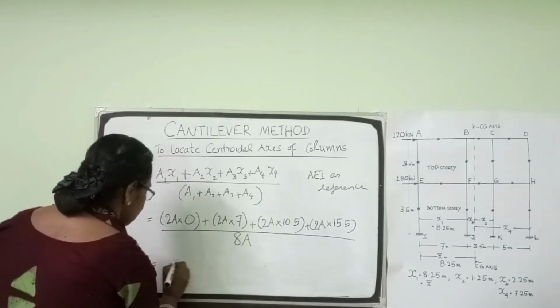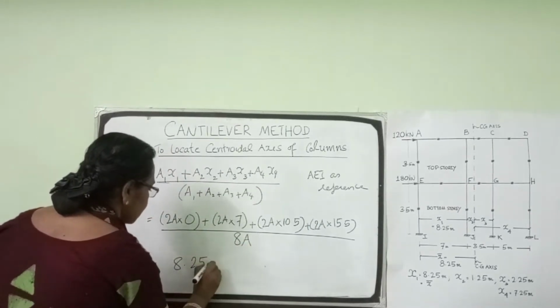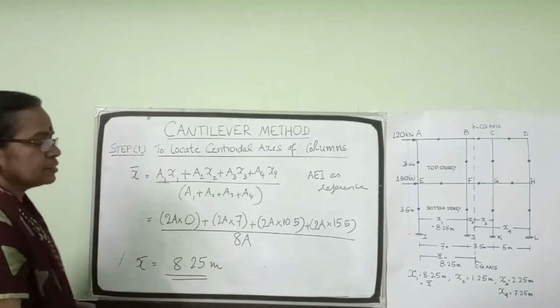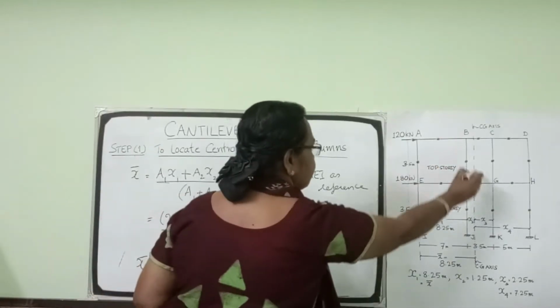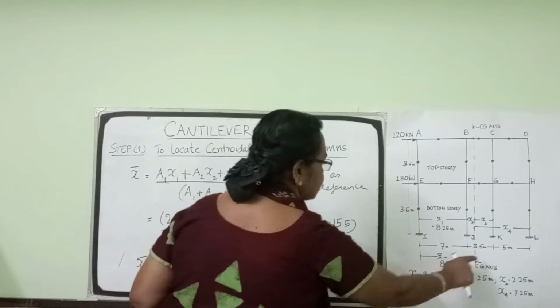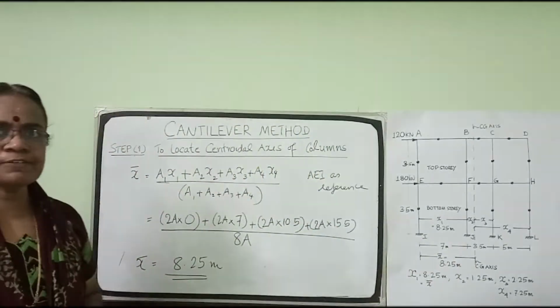So we will get 8.25 meter. So we have got the center of gravity of the frame at a distance of 8.25 meter from the left edge. That is the first step.